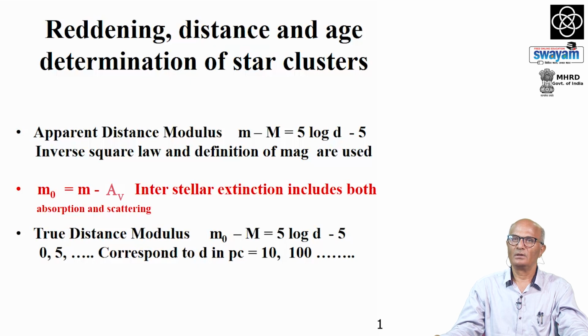And age determination has been used to test stellar evolutionary models, and in fact it is because of this reason that star clusters are called a test bed for stellar evolution models.